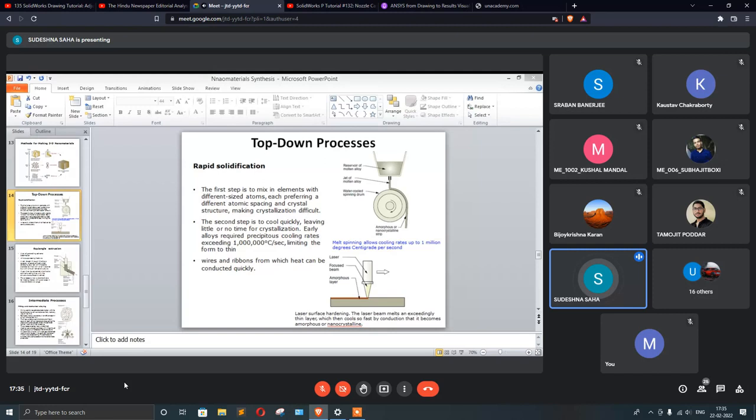So you are just melting the top of the surface and it is solidifying immediately, and that is the idea behind it, and that's how you obtain a material with a nanocrystalline or amorphous surface. Okay, so we move to the next one.